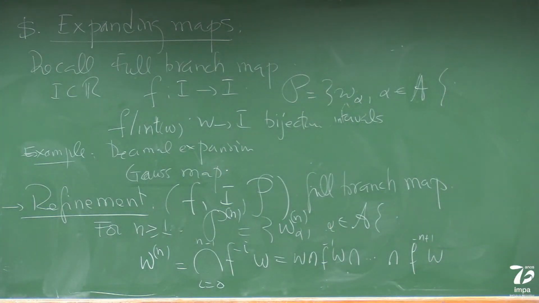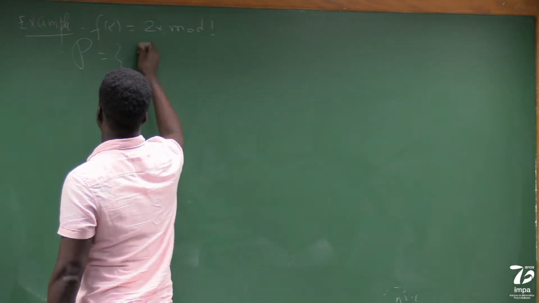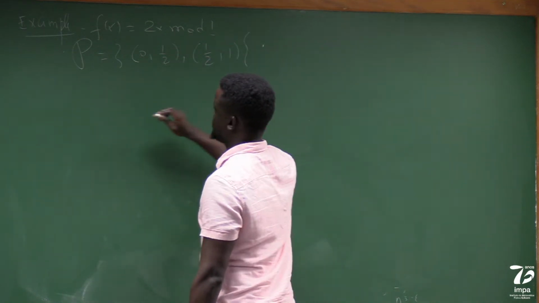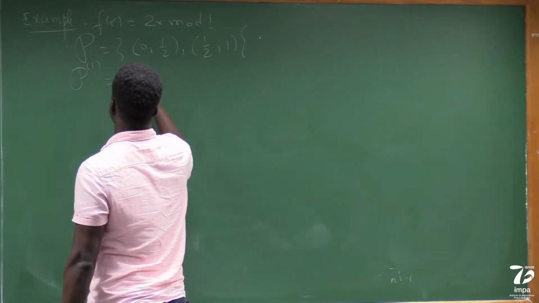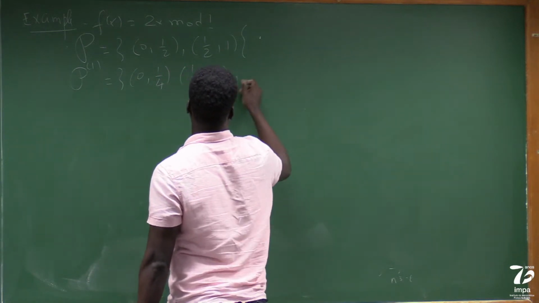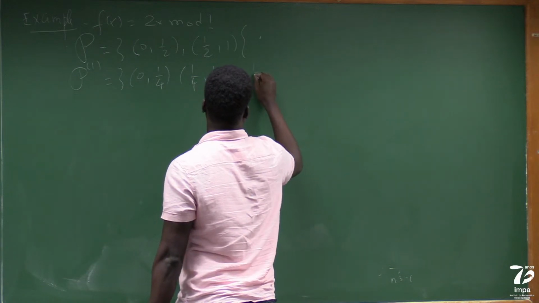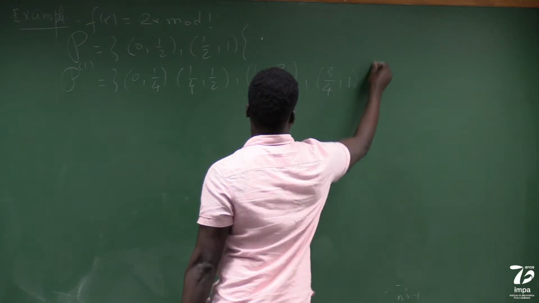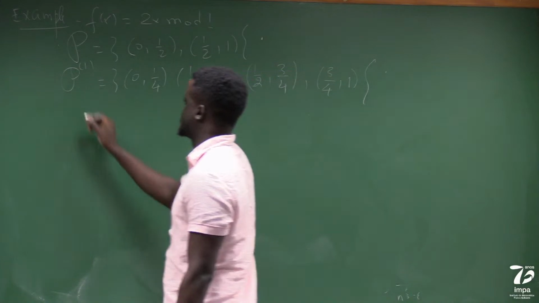If you look at 2x mod 1, for instance, you have P that is 0 to a half and then a half to 1. P1 will be 0 to a quarter, a quarter to a half, a half to 3/4, and then 3/4 to 1, and so on.